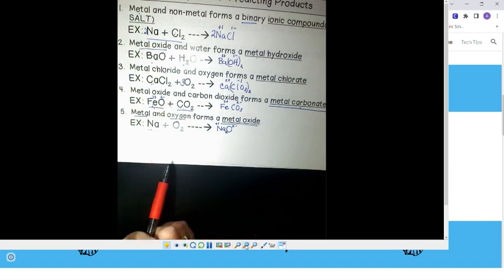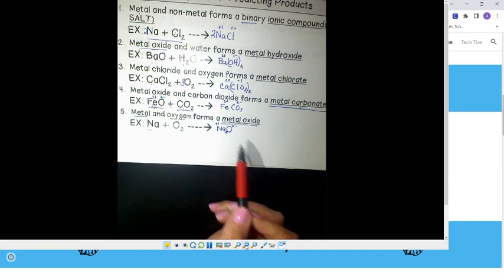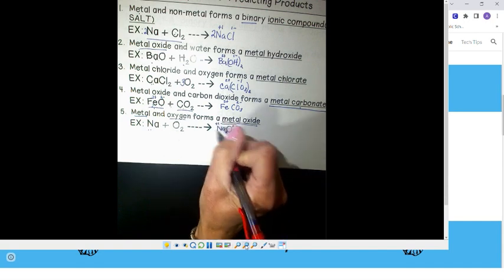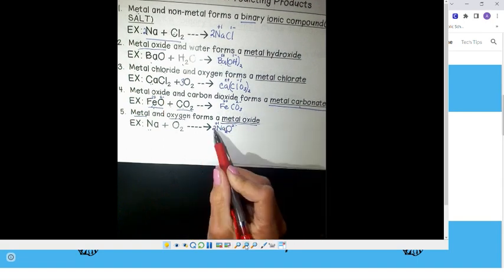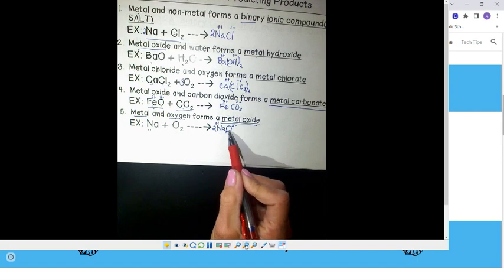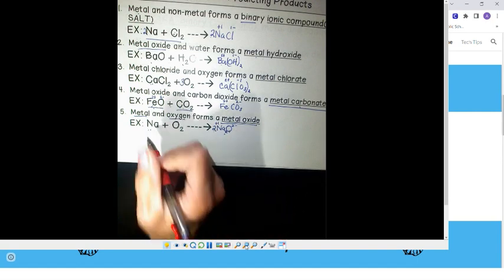Let's do oxygen first, right? So if we have 1 oxygen here and 2 here, don't I have to put a 2 right here? So that gives me my 2 oxygen, but it changes my sodium to what? So I need to put a 4 right here.